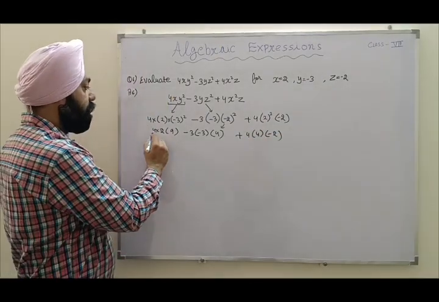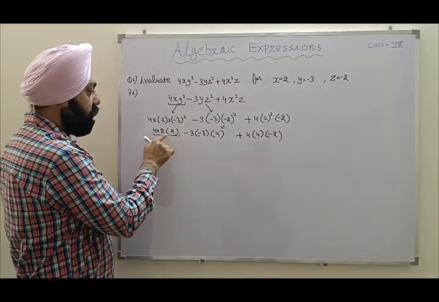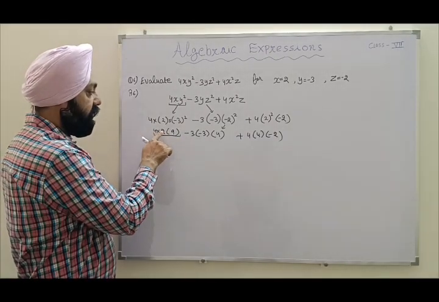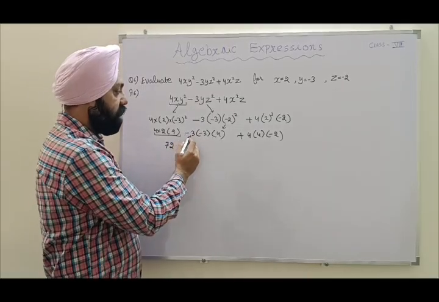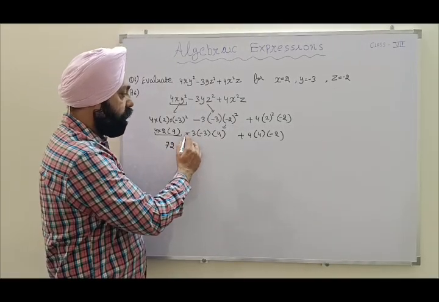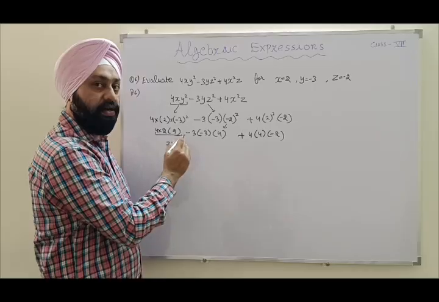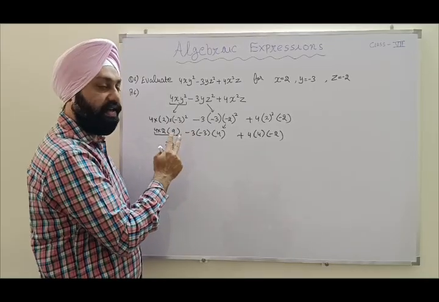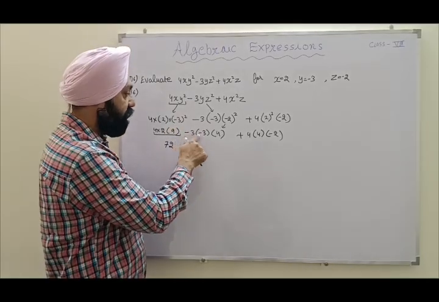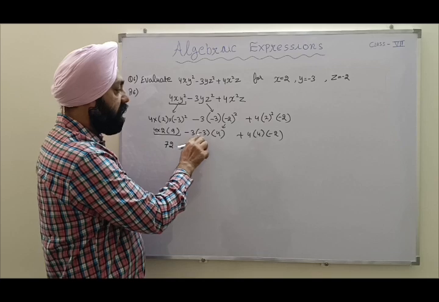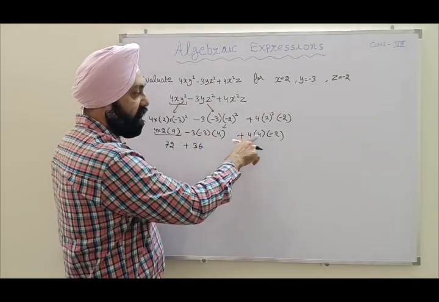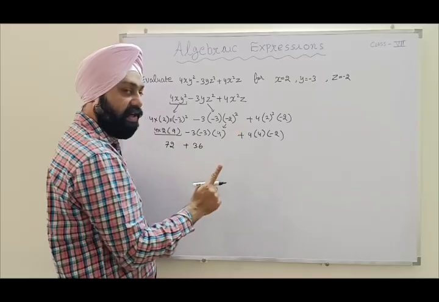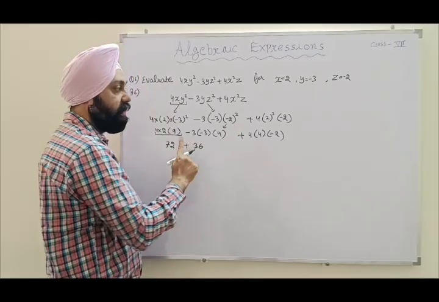So now we will multiply the factors. So 4 into 2 will give 8, and 8 nines are 72. Now in this term we have 2 minus signs. Whenever multiplication is there and 2 minus signs, 2 means even, so the answer will be positive. So plus, 3 3s are 9, 9 4s are 36. And in this we have 1 minus, which means odd, so the answer will be negative.